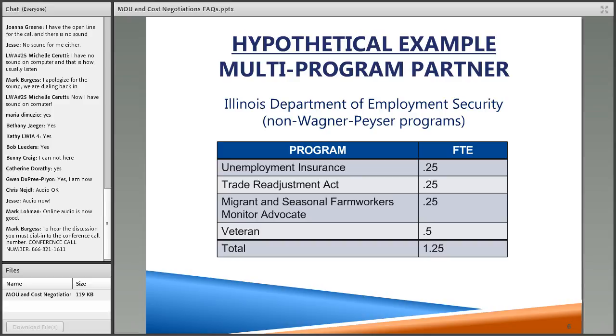So again, fractional dedication of staff is allowable, is actually inherent in the definition of what an FTE is, and really depends on the determinations that are made locally about what the demand for service is going to be.